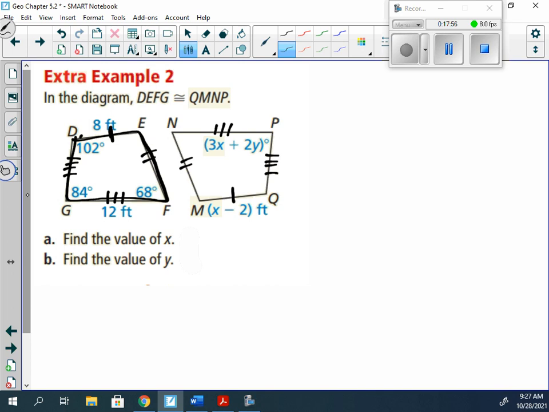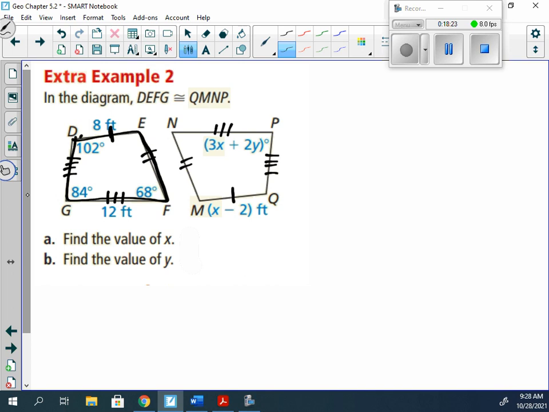Now, this also means that the angle between the line with 1 mark and 2 would be congruent on the other figure for the angle that's between the line with 1 mark and 2. So if we looked at that there, that would be E and M. Let's see here, E came second, M came second, so those are congruent, yes?